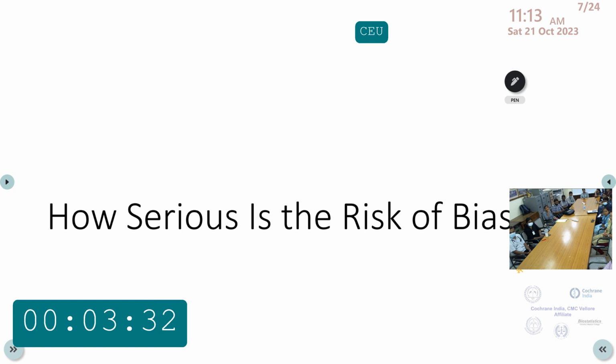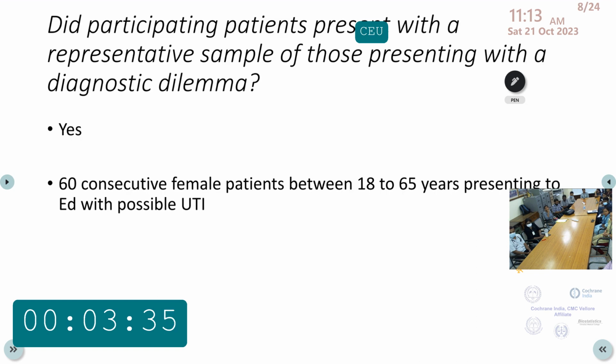So now we move on to how serious the risk of bias was. Did participating patients present with a representative sample of those presenting with a diagnostic dilemma? This has to do with when we are doing a test.